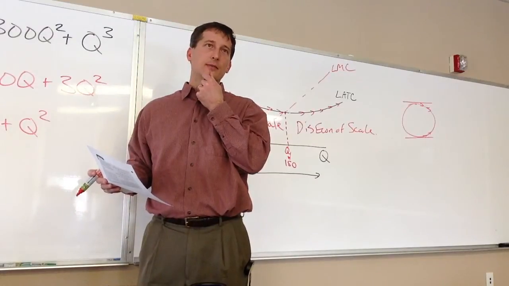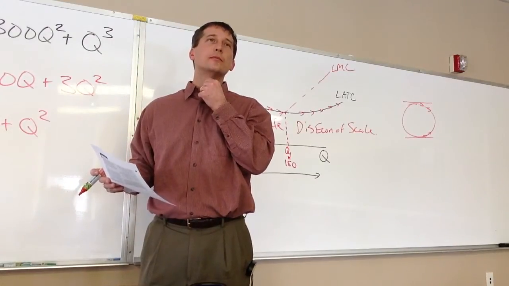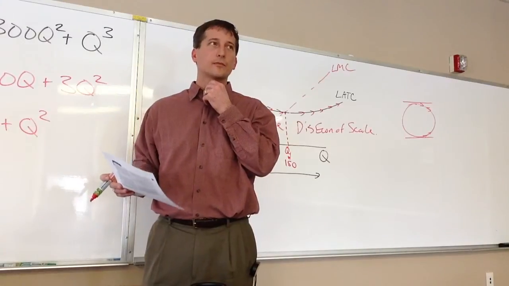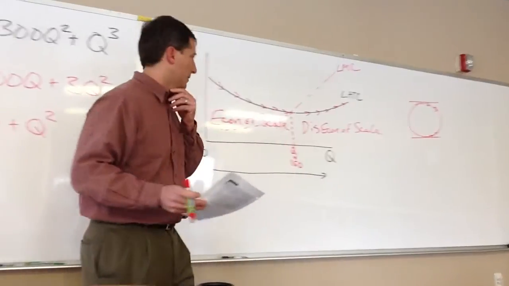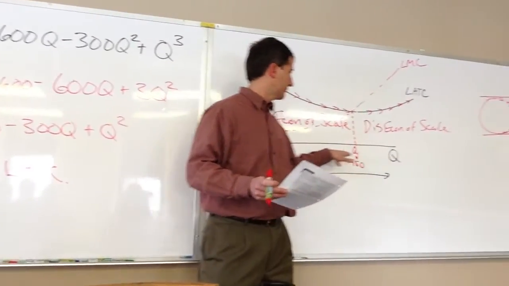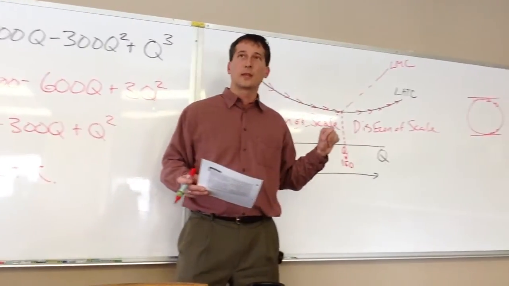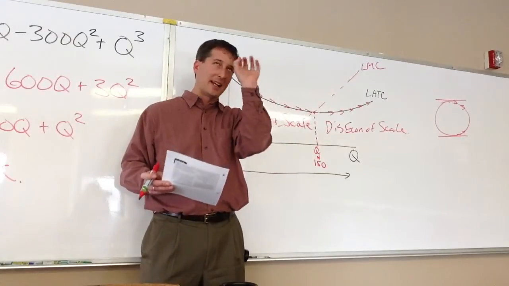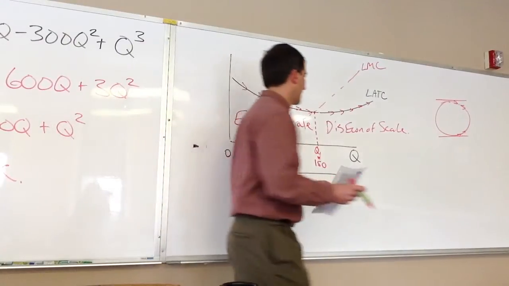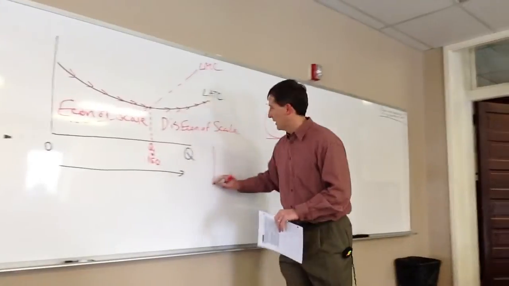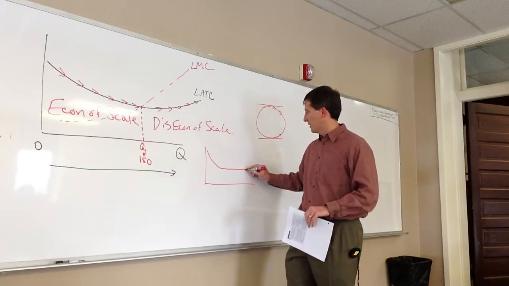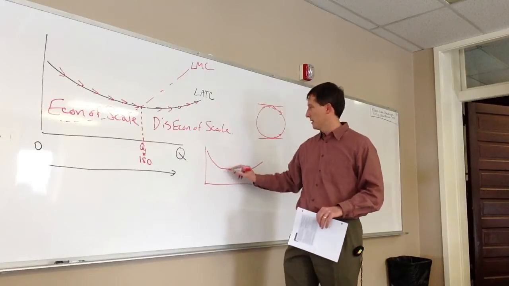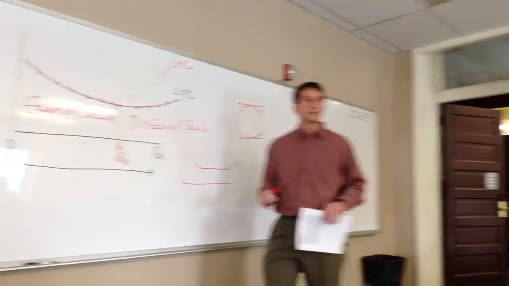If they asked at what quantities they were facing economies of scale, would you include the 150, or would it be all the values less than 150? Less than 150. Yeah, technically constant right at that moment. And that kind of brings up where you could possibly have a long run average cost curve that flattens out, and then it kind of goes up. So if you have a flat portion.